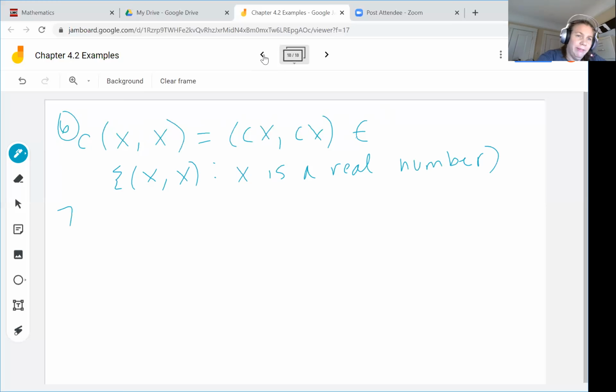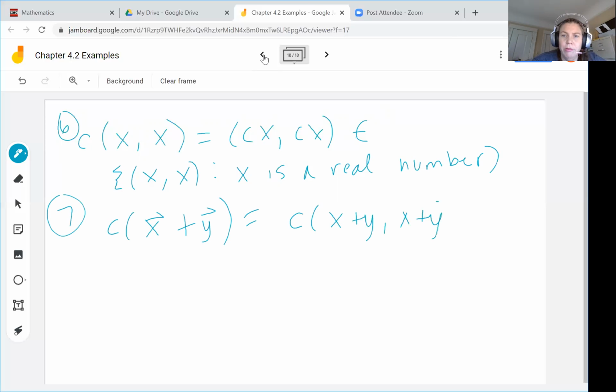Okay, property 7 is a distributive property. So we are going to have c times, we'll say, (x plus y) here. So then this is going to be c times, we know from earlier, this is x plus y when we add those vectors. And then we know from the scalar multiplication definition that this is going to be c times (x plus y) and c times (x plus y).